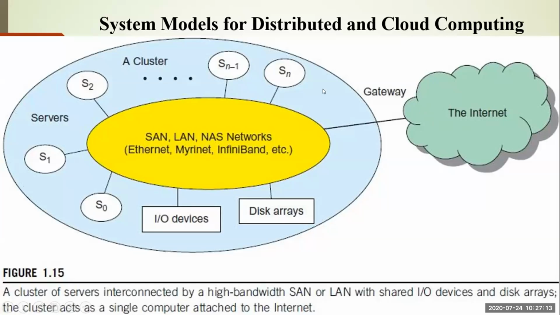these can be connected to the internet through a gateway. A gateway is a device to connect from a cluster to the internet. Like you have studied in computer networks, there is something called a router, a hub, a switch. Similarly, here we are using a gateway to connect a particular network with the internet, so that internet can be provided to this particular system. Because the user is going to use the internet to solve some request, right?